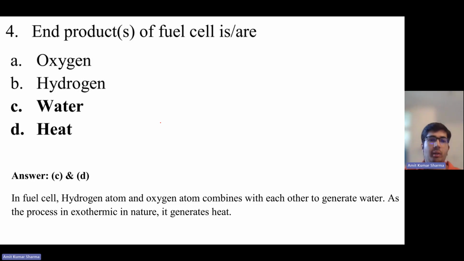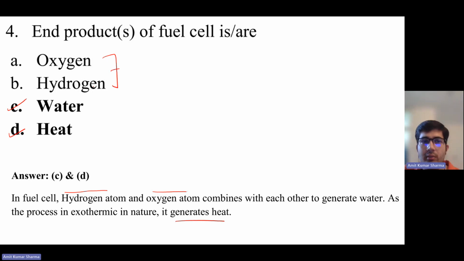As the process is exothermic in nature, it generates heat. So basically, the hydrogen is the fuel in the fuel cell, and oxygen is also supplied. There are electrochemical reactions that generate heat and water. So the end products are water and heat.